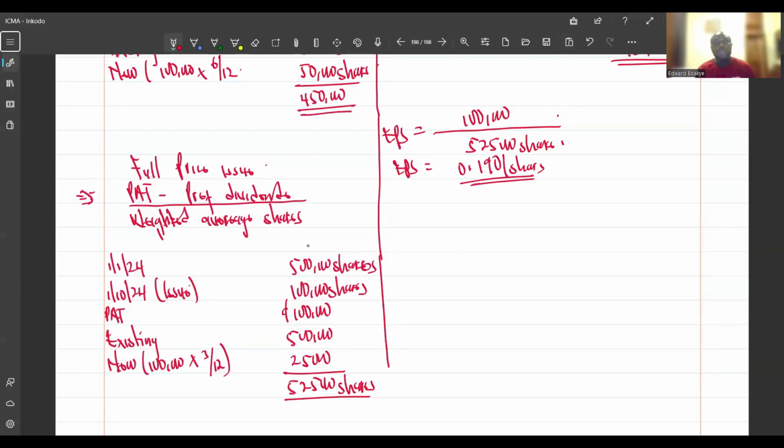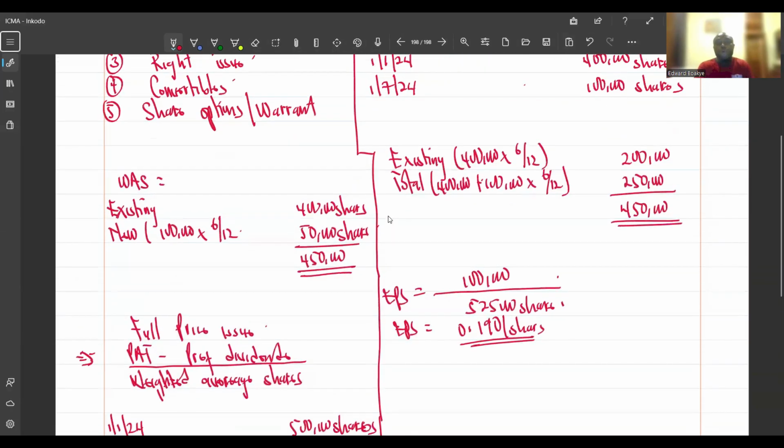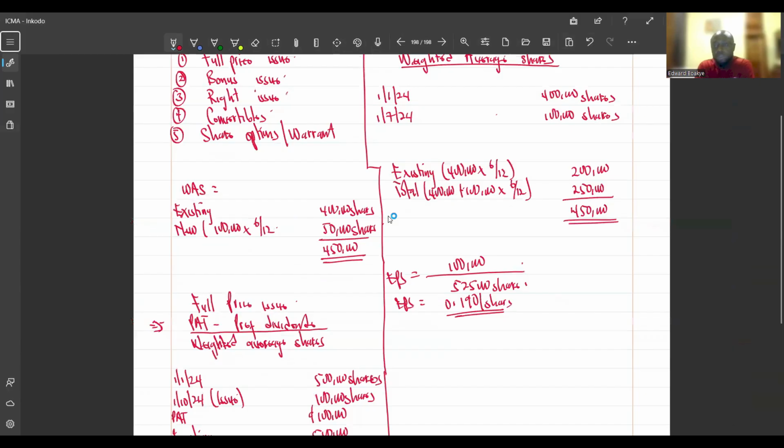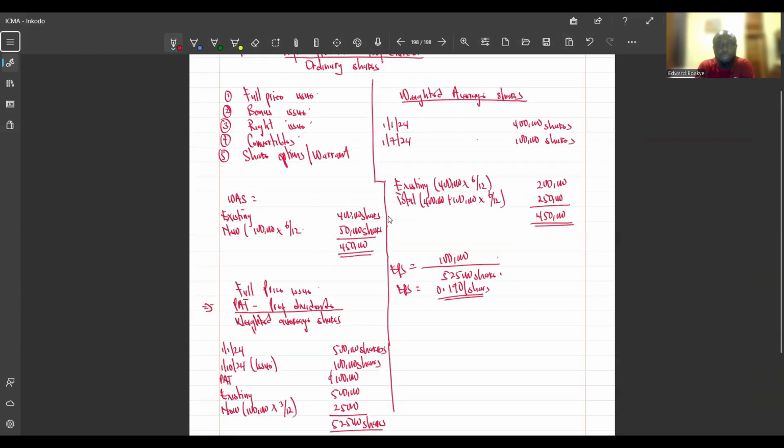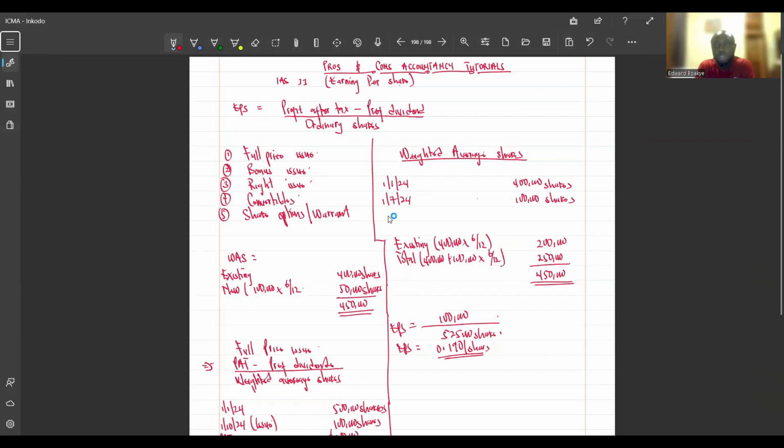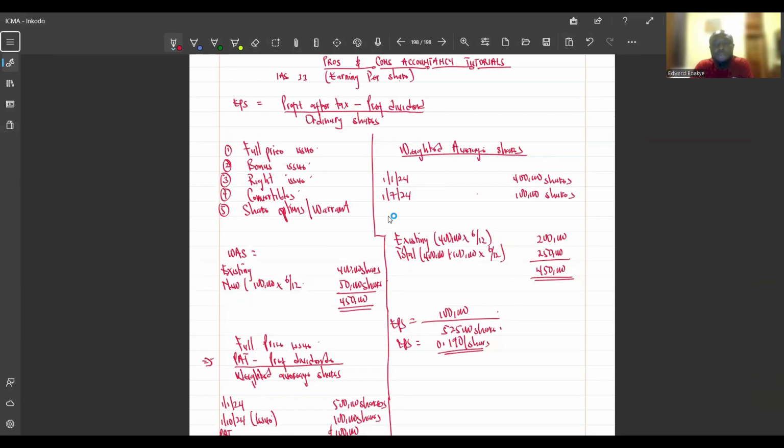All right, so this is the full market price, and it's something very easy that I believe we are all going to be able to deal with as fast as possible. So this is where we call it a close for today. Surely in our subsequent videos, we are going to continue with the bonus issue.